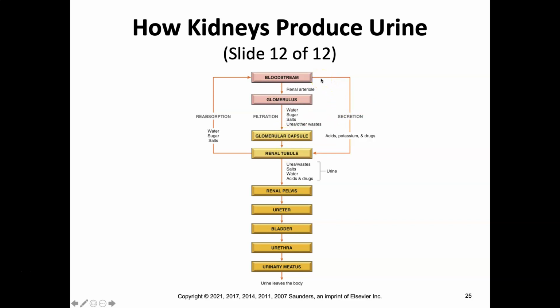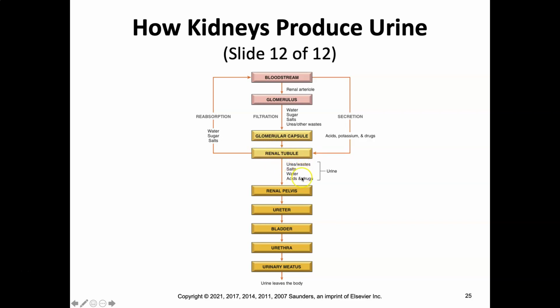First you have reabsorption. Reabsorption happens where some water, sugar, and salts are pulled back out and put in the bloodstream because they are needed for that homeostasis, that electrolyte balance. Then at the very end, you have secretion, where some of these are pushed back into the urine. And from there, in your renal tubule, you are now producing urine.